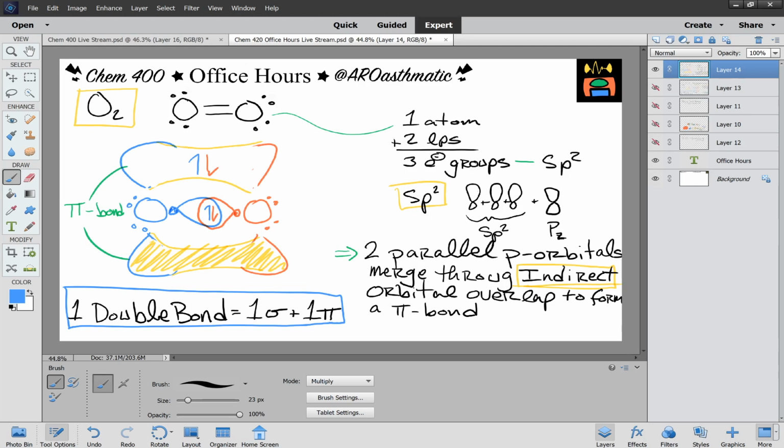But every time you see a double bond, it will be made out of 1 sigma together with 1 pi.